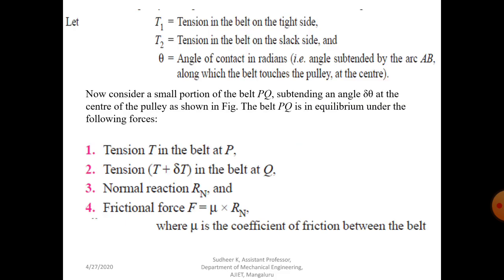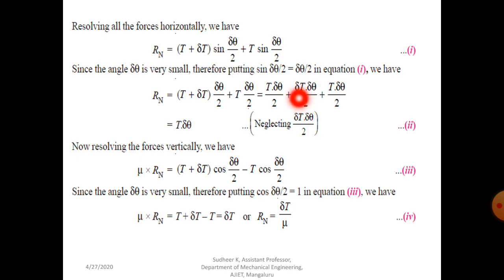So that's why you will get expression 1 here, that is Rn, the right side force, is equal to whatever the force at Q, that is (T plus del T) sine d theta by 2, because after resolving you will get the sine function for the left side force.